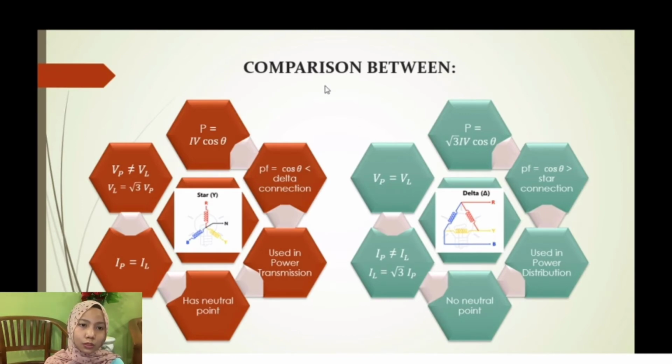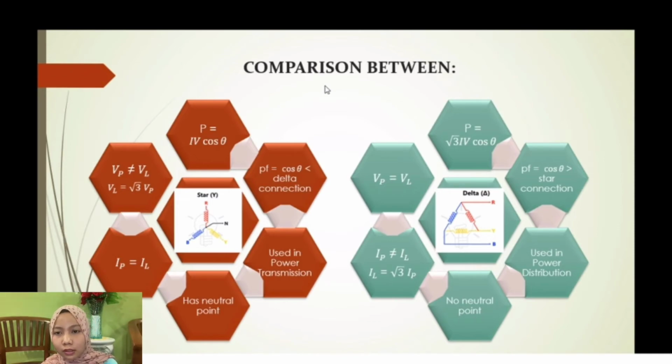To find VL, calculate square root 3 times VP. IP equals IL. The power factor equals cos theta, and it must be less than delta connection. Star connection is used in power transmission and it has a neutral point.